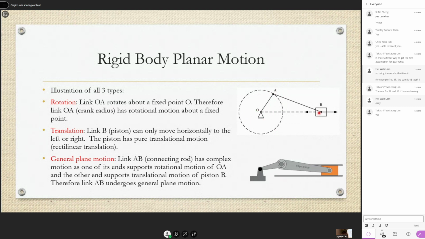This B, this slider, is only moving left and right down here. So that's a pure translation. And then, like I said already, the middle one that joins the two of them together has a combination of both. So this crank and piston system that you typically see in engines actually illustrates all three.